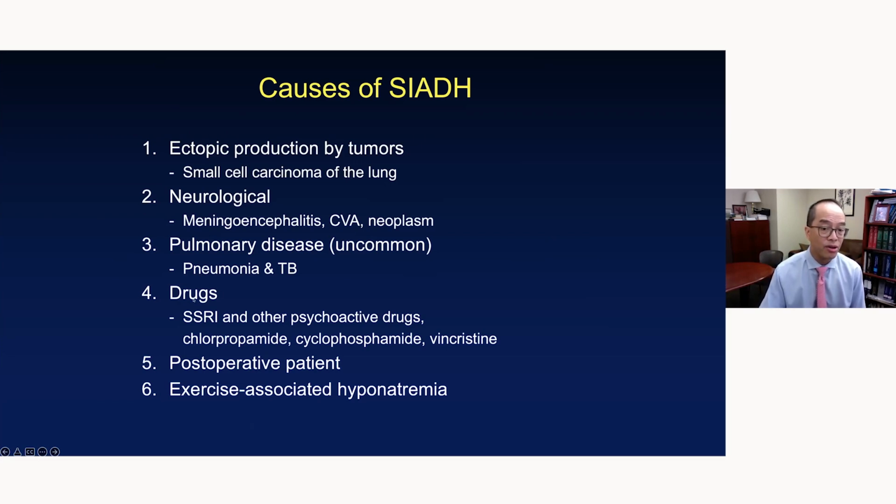Drugs, on the other hand, are a very common cause, particularly SSRIs and other psychoactive drugs. SIADH occurs transiently post-operatively and can also occur in association with very vigorous and prolonged exercise, so-called exercise-associated hyponatremia, as occurs in marathon runners.